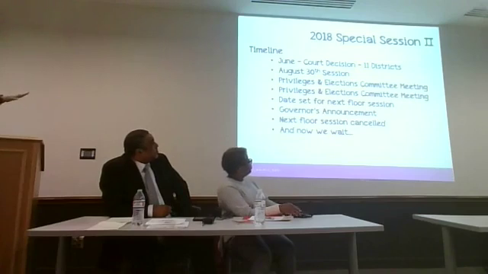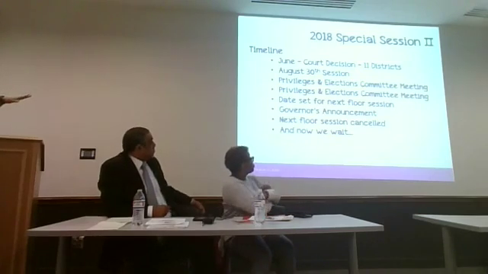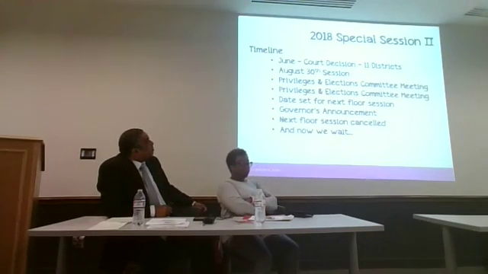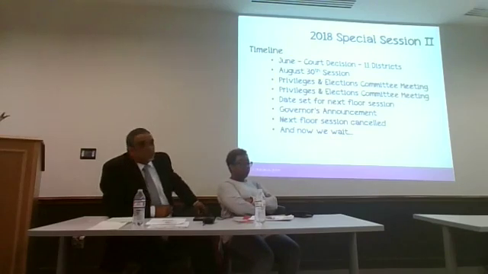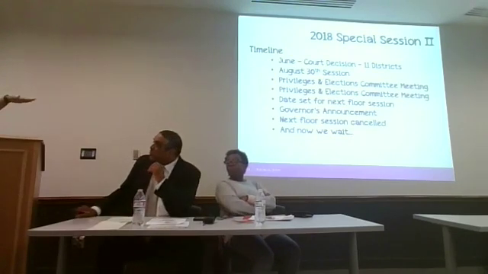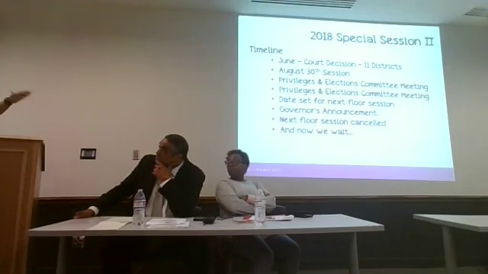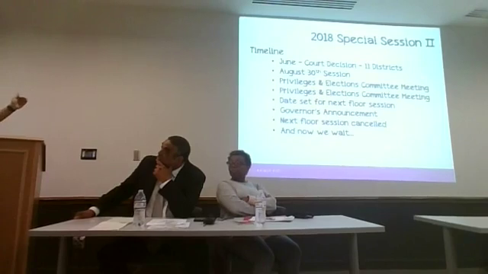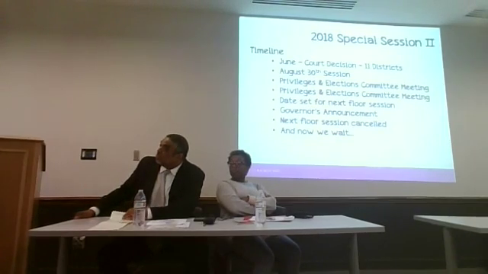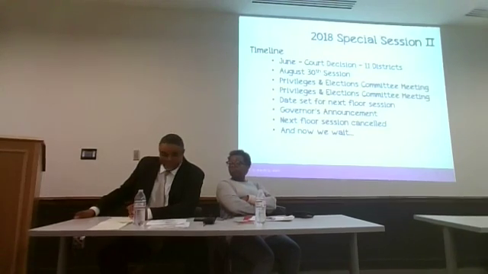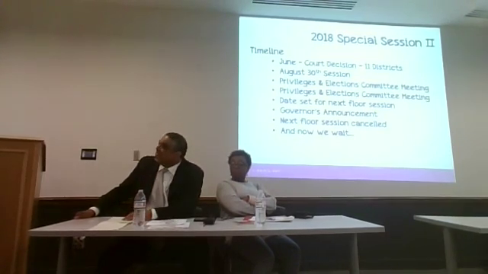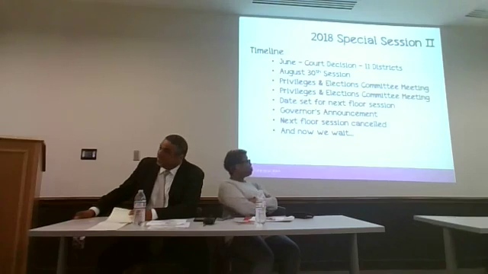After House Bill 7003, what's been called the Republican map, was passed out of committee on a party line vote, the date was set for us to go in on Sunday, October 21st, 9 days before our deadline to have a map into the court. Then the governor said, okay, let me give you a heads up before we spend taxpayer dollars bringing everybody back in. I'm going to veto an unconstitutional map. That's when the floor session was canceled, and now we wait.